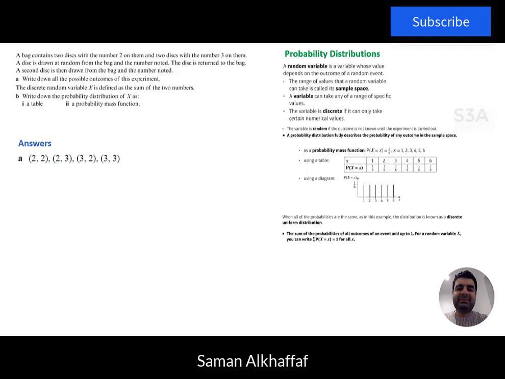So in this scenario, we're looking at 4 possibilities. The discrete random variable X capital is defined as the sum of the 2 numbers. We need to write down the probability distribution of X capital, either in the form of a table as part I, or as part II, a probability mass function, which is more highlighted on the right hand side.